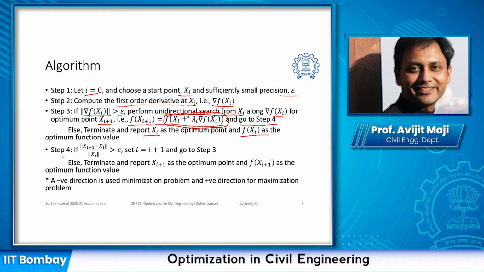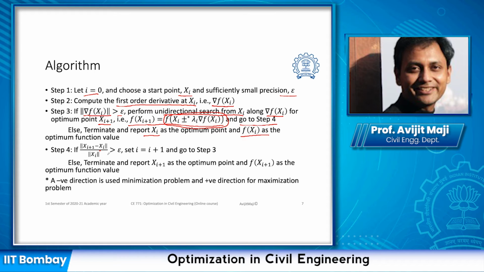In step 4, once we have found a new point, we need to ensure that the new point with respect to the previous point is relatively far off. This check helps us understand that we are not generating points in close proximity to the already obtained solution.